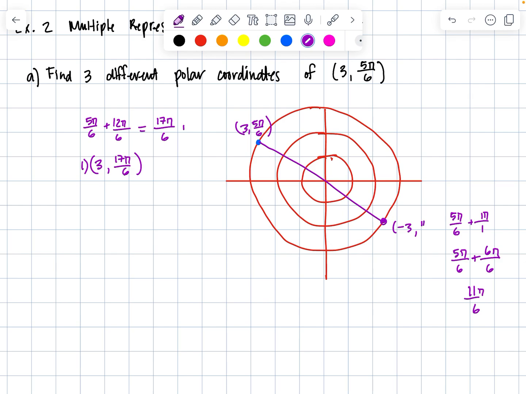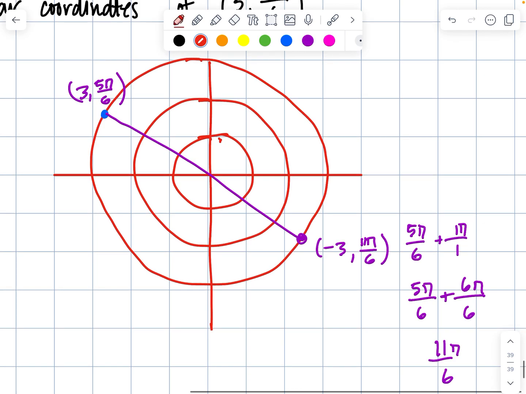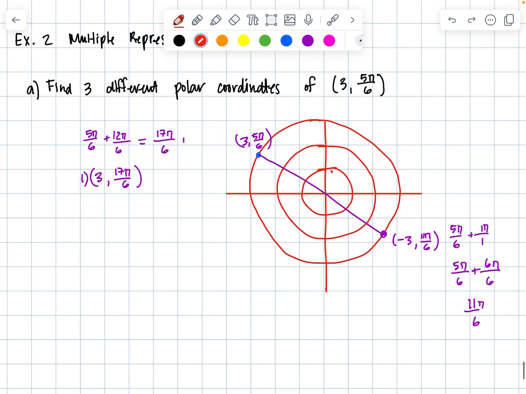If we do 3 comma 11 pi over 6, remember the negative coordinate, the -3 here, means that we are taking this value going in the opposite direction, and we will land on that exact spot. So our second iteration of this would be -3 comma 11 pi over 6.